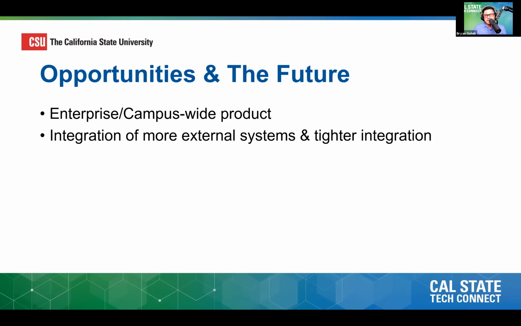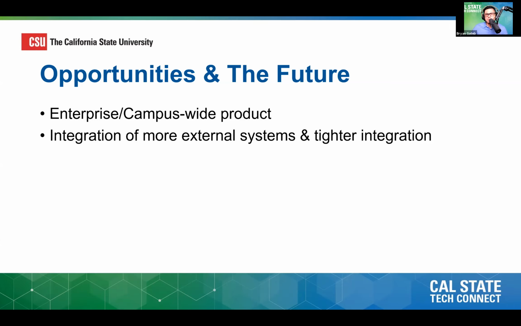Integrating with more external systems, we can integrate with Cal State Apply to pull in applicant information during an application period. So getting all of that student ID and bio demo, term, application status information loaded in earlier. So that makes importing applications from PeopleSoft and all the search match and stuff happen quicker.